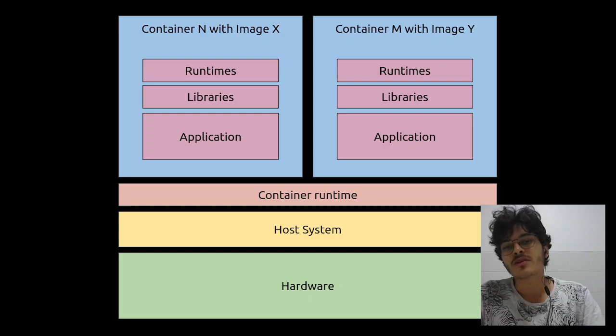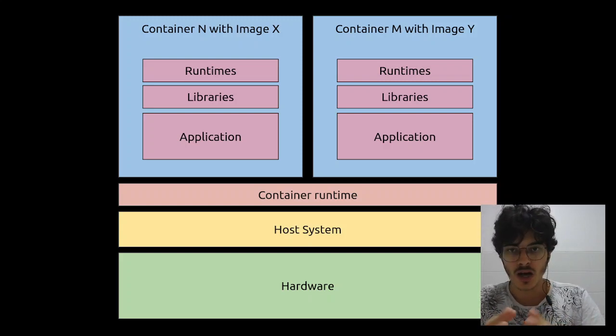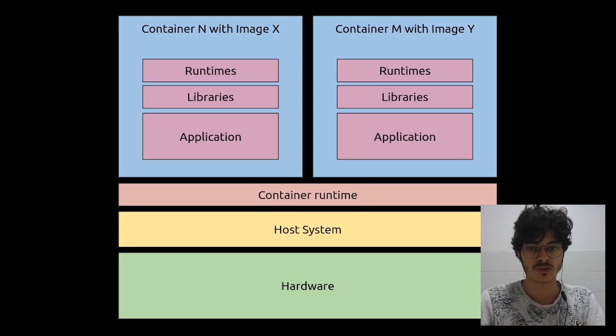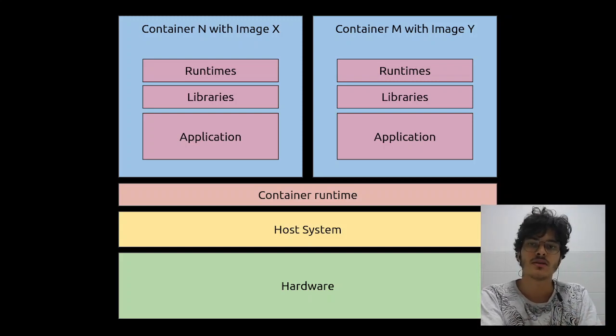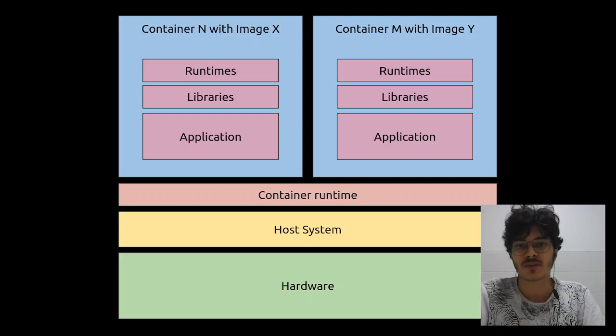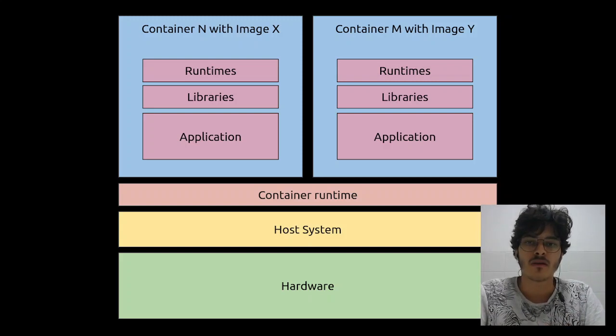The container runtime needs to ensure that the container does not access the host system directly, and the host system does not access the container directly, because it's a security flaw if it can. And that's what runC is. runC is a container runtime, and it's vastly used by other software too.